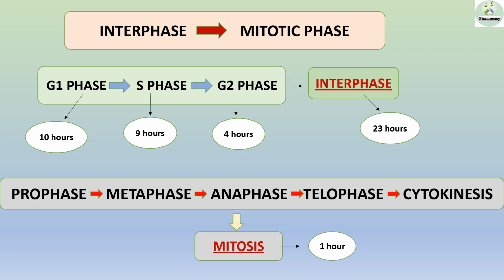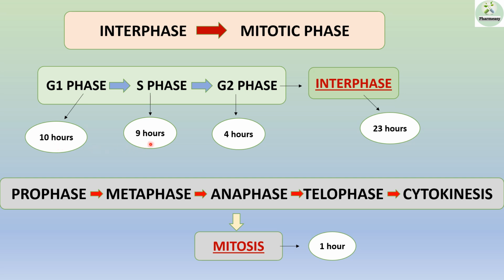It is a simplified flow chart of cell division. Cell division is divided into two parts, interphase and M phase. Interphase is further divided into four categories, that is G1 phase, S phase, G2 phase, and last is G0 phase, which is a resting phase, and cell do not divide in this phase. G1 phase takes 10 hours for preparation of DNA synthesis.